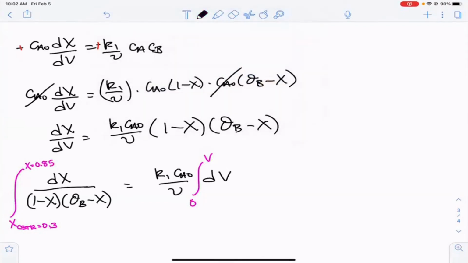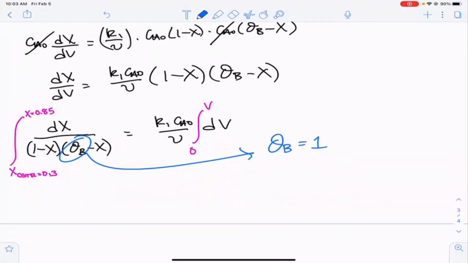So this integral is not too bad. It is in the integral tables. So as you're solving problems, whether it's in the homework or on the exam or a quiz, you might want to have integral tables handy just in case you get an integral like this that you're not super comfortable with. This could be slightly easier. In a lot of problems, we'll solve where theta B is equal to 1, where the two concentrations are the same.